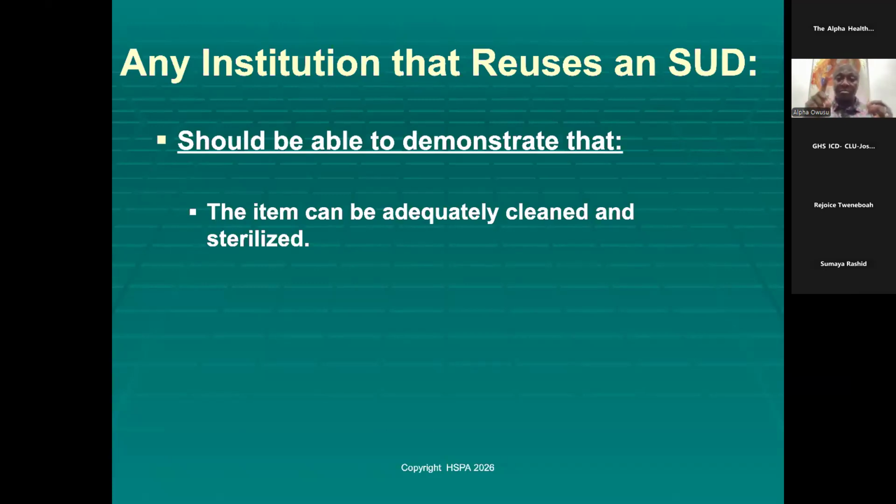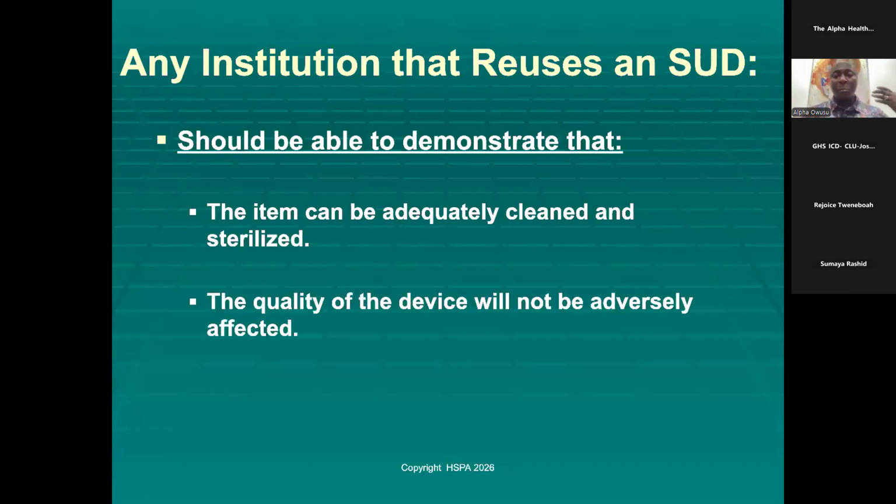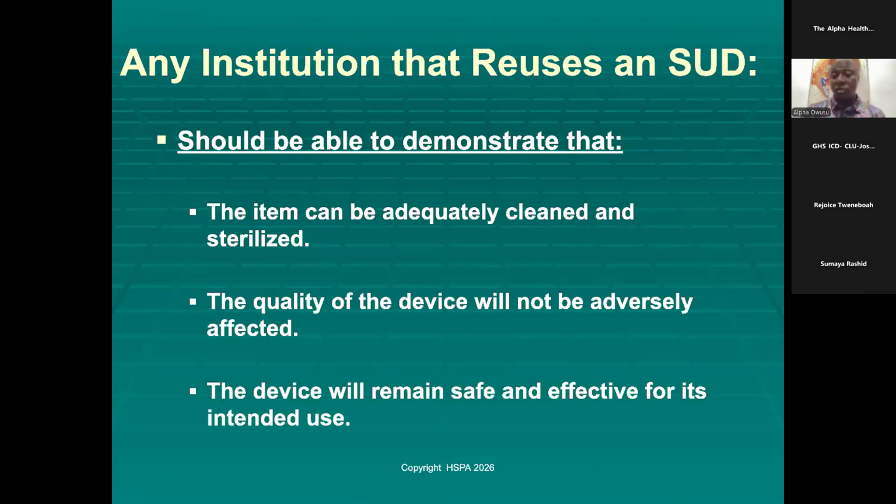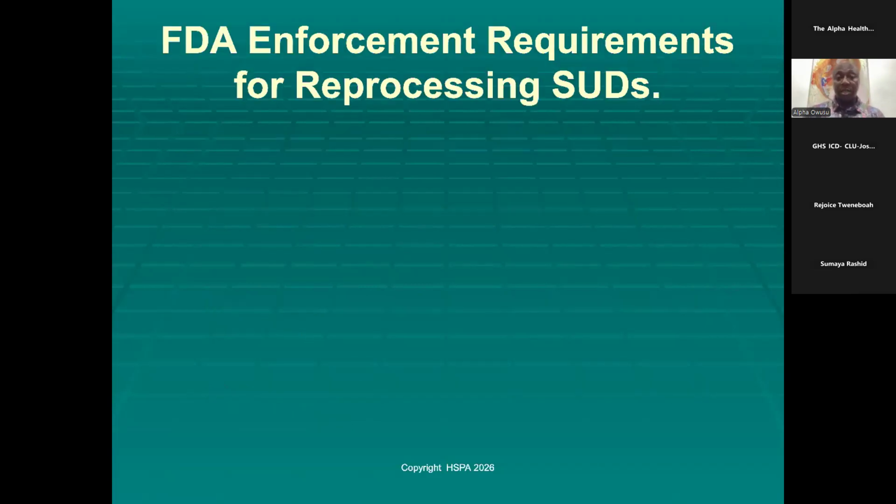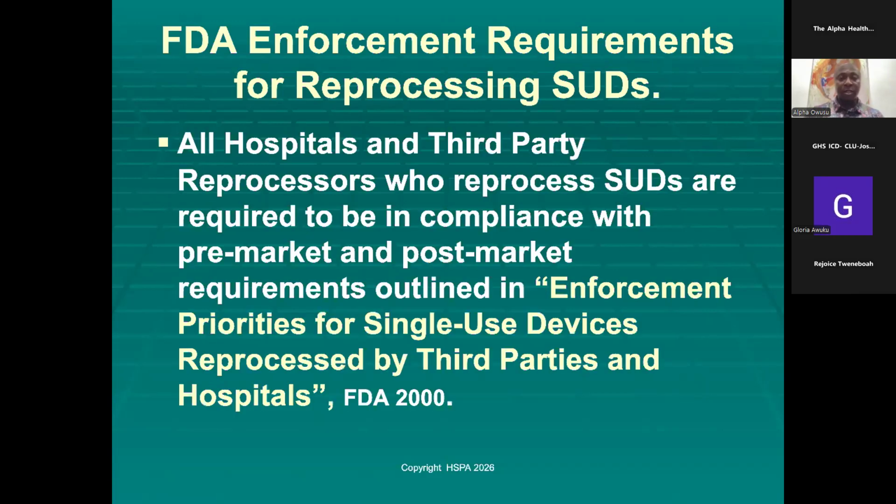Infection prevention, quality, pharmacy, the disease control department, they have to sit down and come up with policies and ways, because the manufacturer is saying if you reuse it, it's not effective. The material that we use to manufacture it doesn't give you the opportunity to reuse it. And so if you want to reuse it, then you have to go through all these stages. There should be a sit-down team to look at all these things. Very, very important.